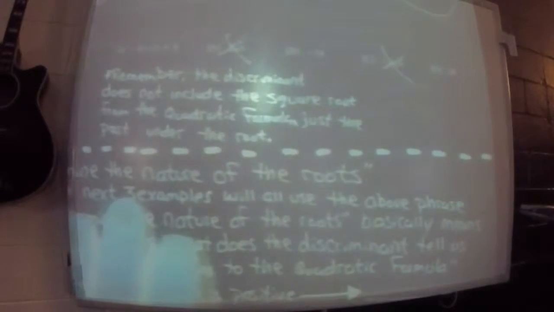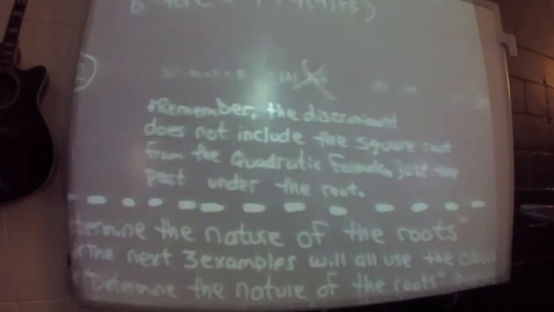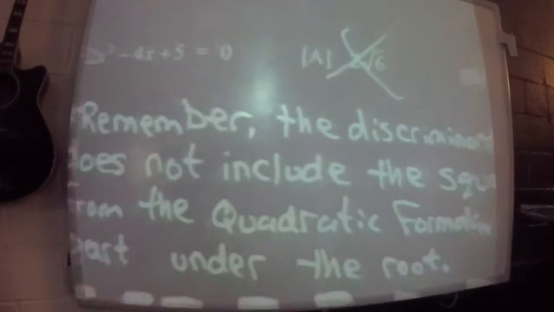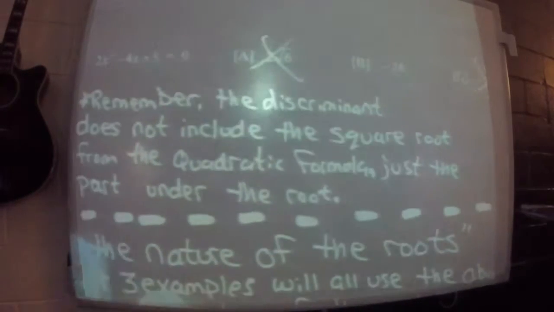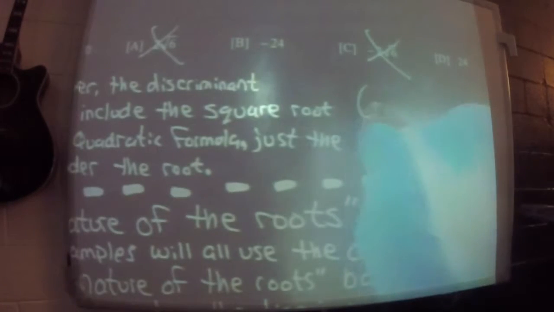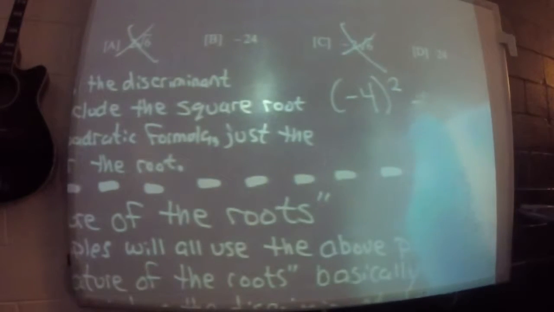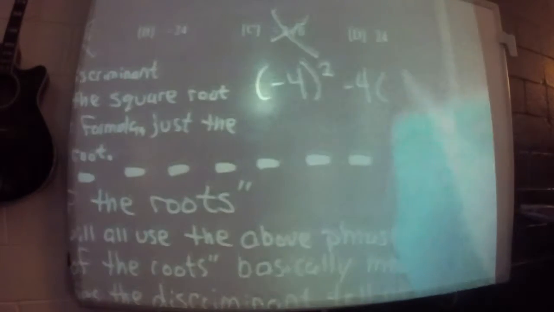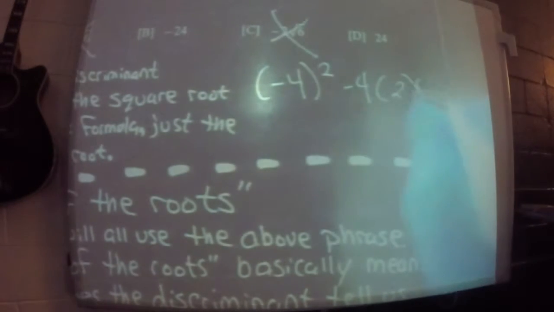So on this one, what is my b? Negative 4. Now if you're going to square a negative 4, how do you have to do it on your calculator? You have to put it in parentheses. If you're going to square a positive number, just go ahead and do it. But if you square a negative number in your calculator, put it in parentheses.